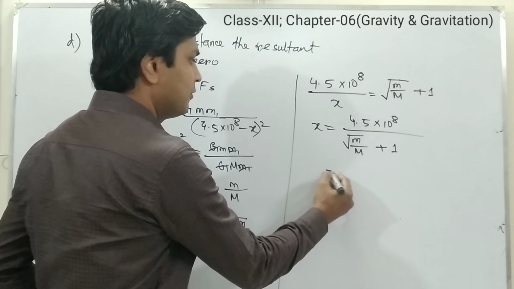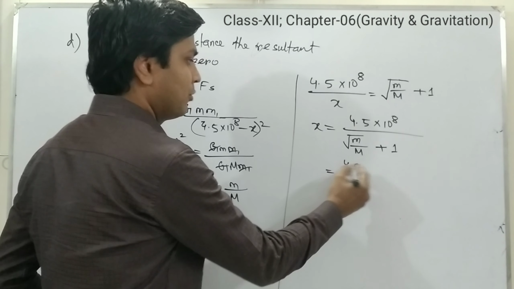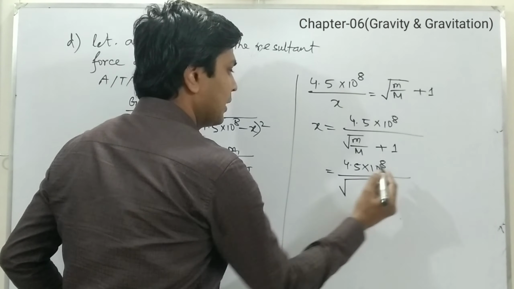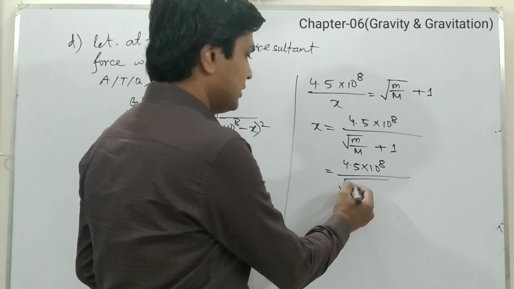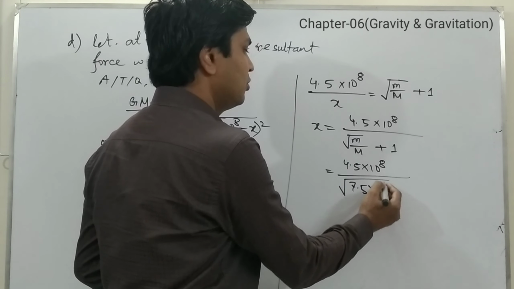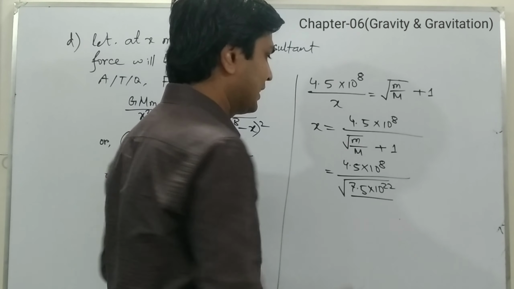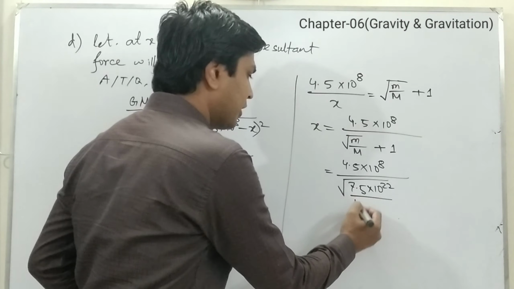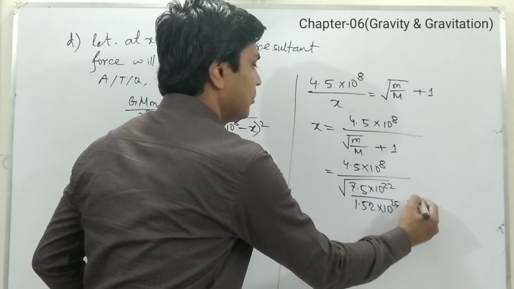If we put the values of the mass of the satellite and the mass of the planet, then we can write 4.5 into 10 to the power 8 divided by root over 7.5 into 10 to the power 22 kg, the mass of the satellite, divided by capital M, the mass of the planet, 1.52 into 10 to the power 25, plus 1.